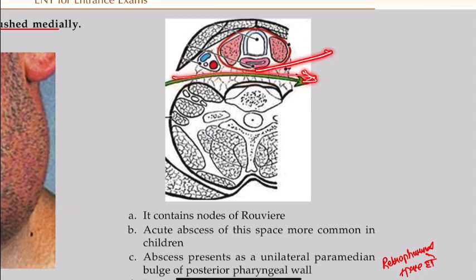Because here this is our alar fascia, and here this is our buccopharyngeal fascia, and between these two we have got the retropharyngeal abscess, right?